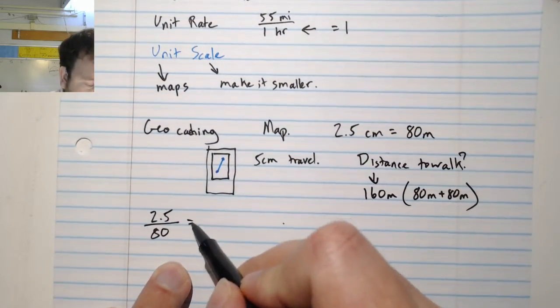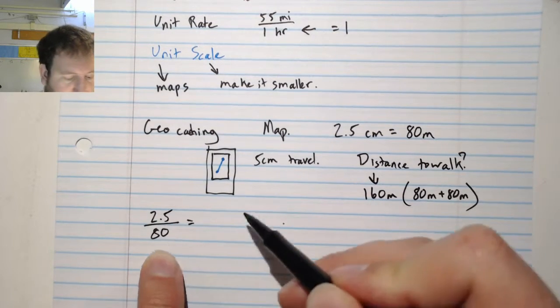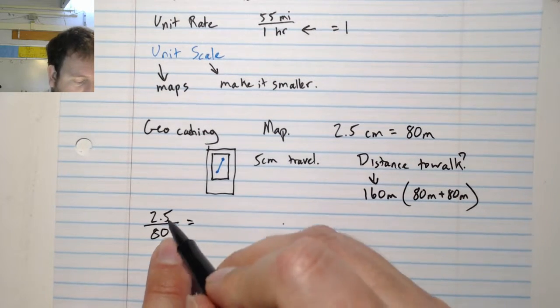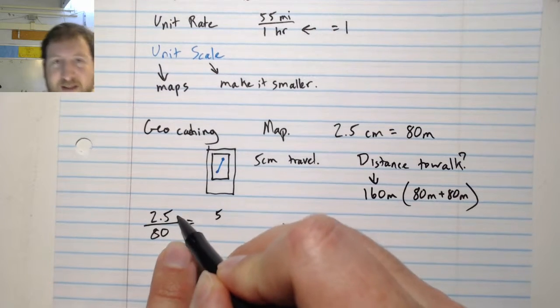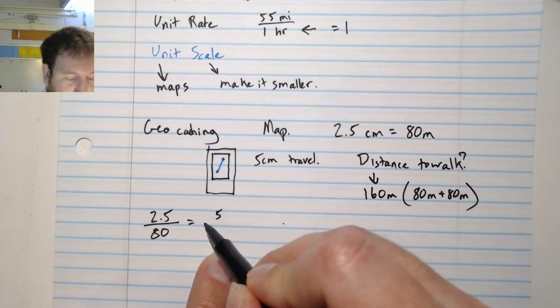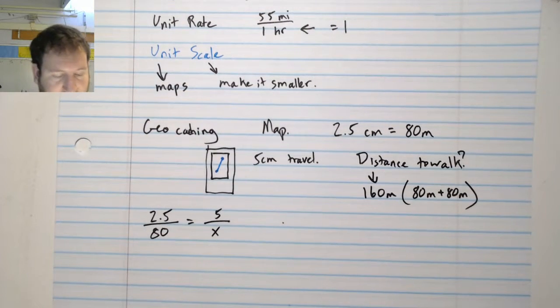If this is my scale factor, this is going to be my actual scale. And on the top should be our centimeters, which is 5, but I don't know what goes on the bottom in this case. And it looks like this.